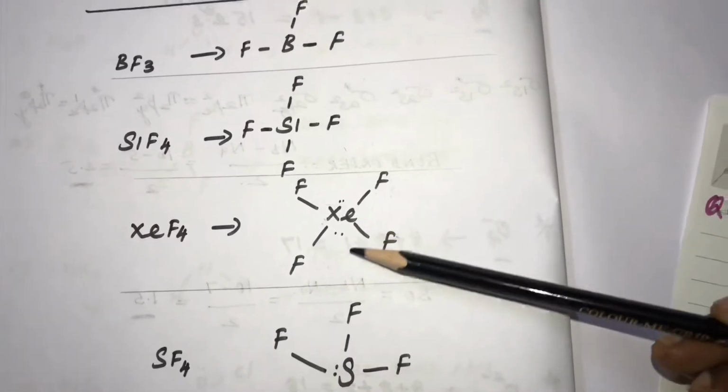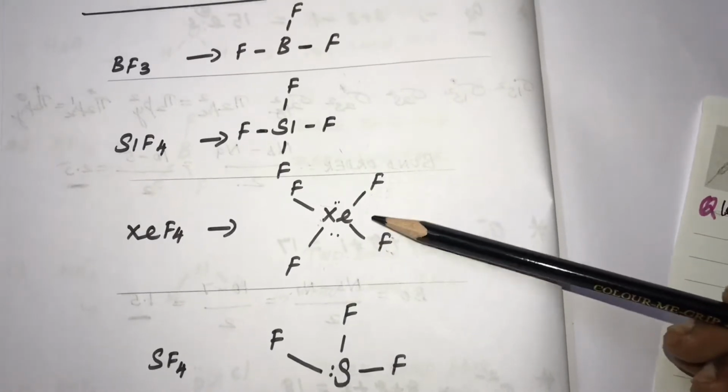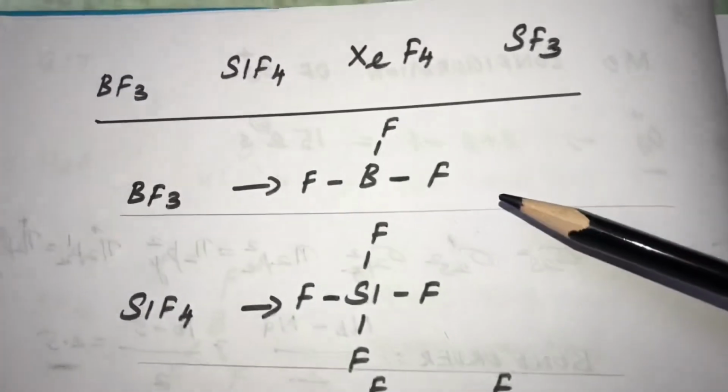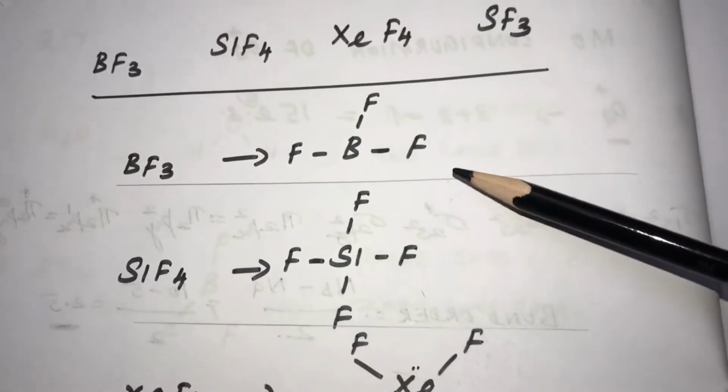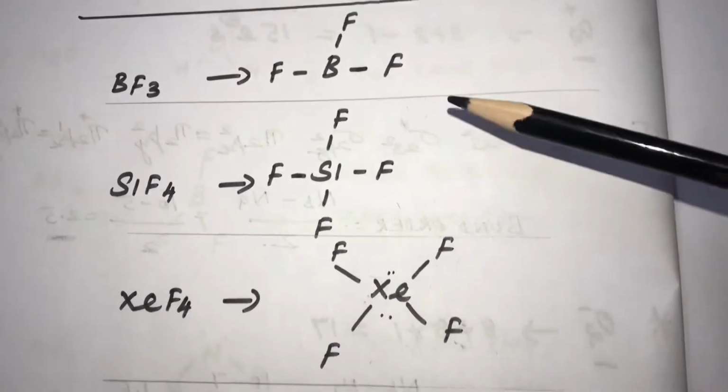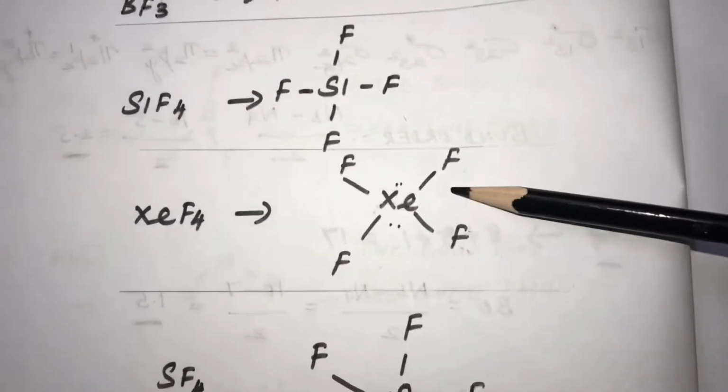So, if the molecule possesses proper symmetry, the polarity gets cancelled. Boron trifluoride, SiF4 and xenon tetrafluoride have proper symmetry.